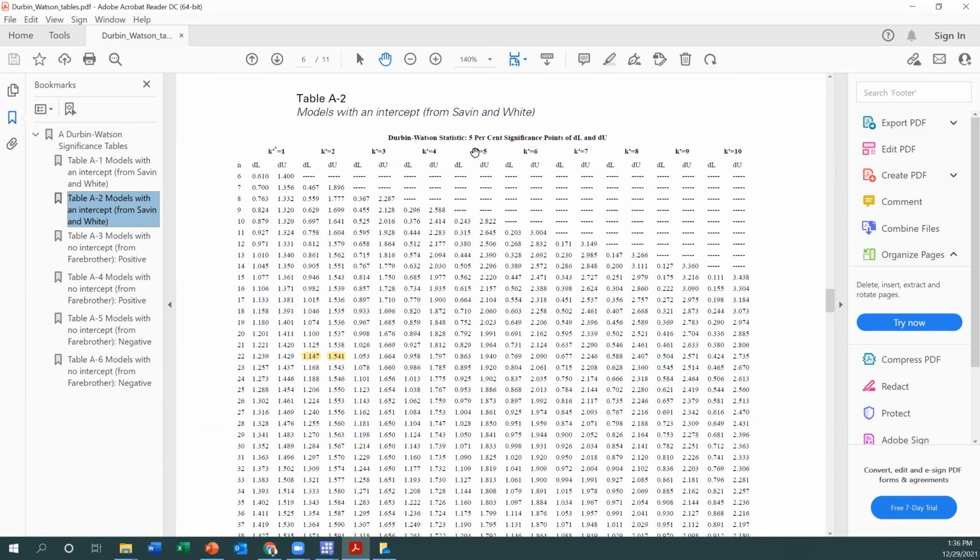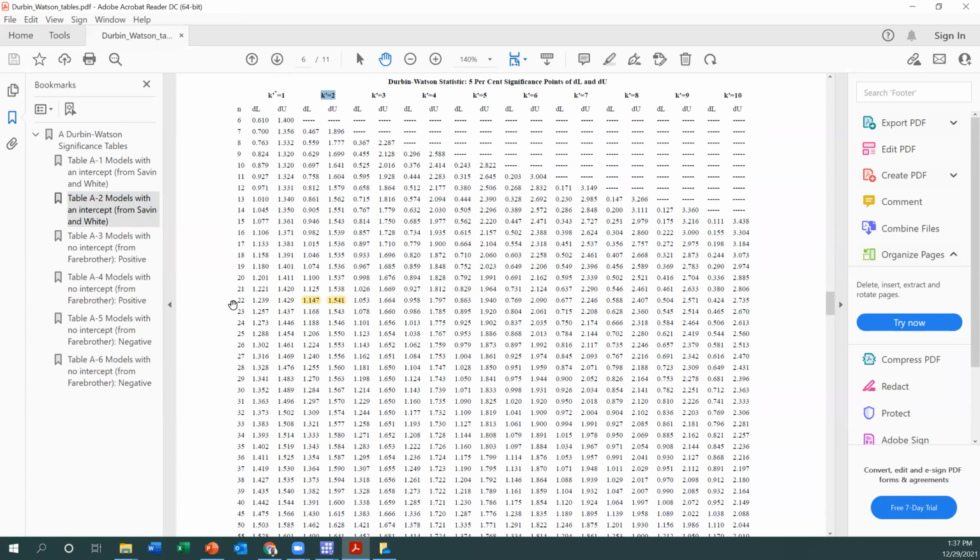Here we are looking at the 5% confidence level, and we have the d level, the lower bound and upper bound. Now, if you consider the intercept as one of the parameters, then K is 2, and then we look at how many observations. We have 22. So across here we have 1.14 and then 1.5. This is the lower bound and upper bound.